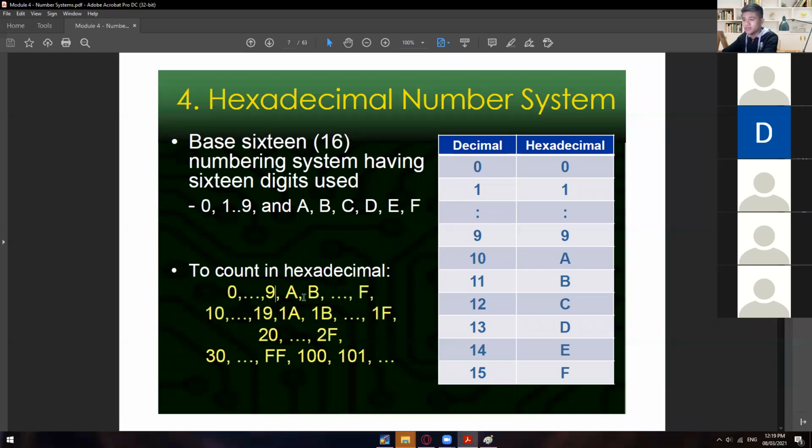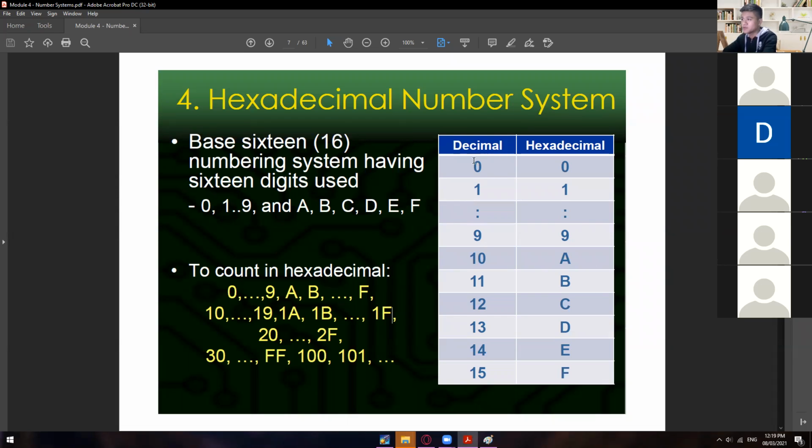Don't you guys worry. Mostly, it's only below 15. There are some cases where it will reach up to 1A or 1B or 1F, but that is very, very rare. So for now, let's just focus on the basics, which is 0 to 9 and then 10 to 15.